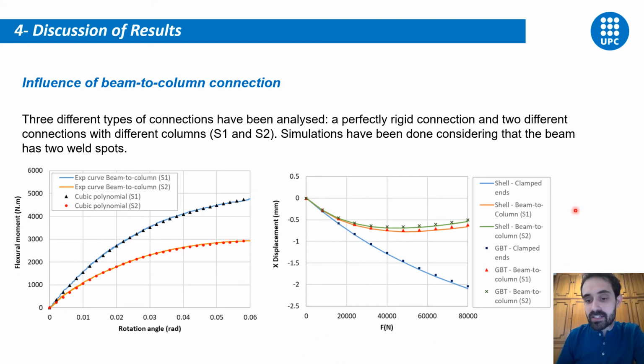At the right part of the slide, you will observe the horizontal displacement versus the external force applied. This is the maximum horizontal displacement, which is obtained in the middle of the beam member.